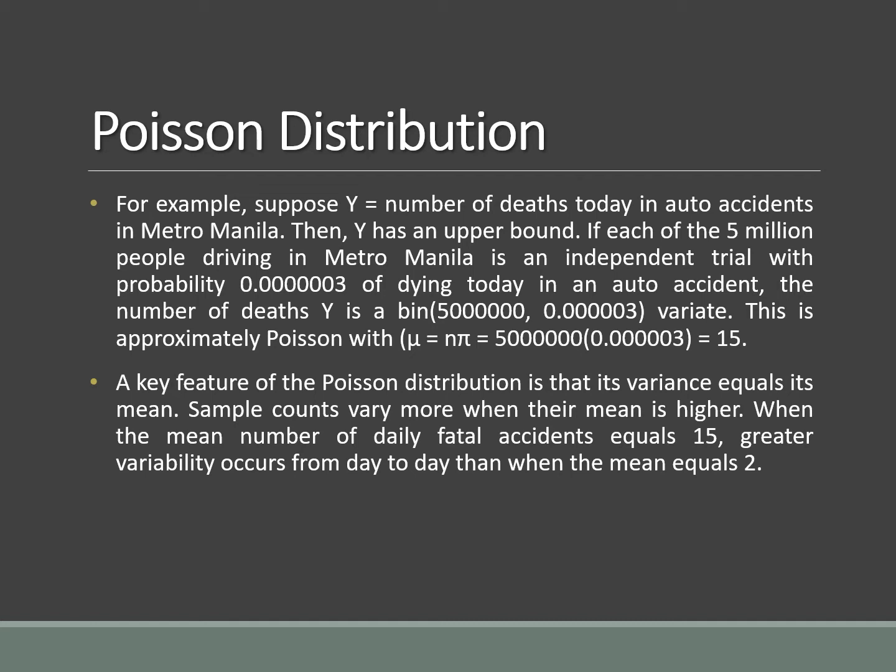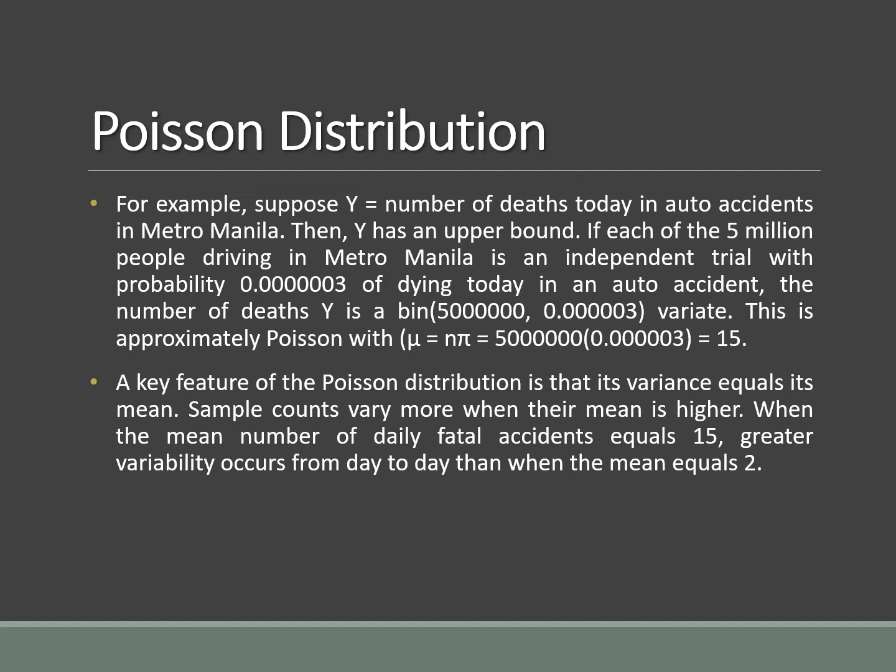As you could see, this can be viewed as a binomial, but this could also be viewed as a Poisson distribution with mean equal to the product of n and p, which is 50. So y follows a Poisson distribution with mean equal to 50.